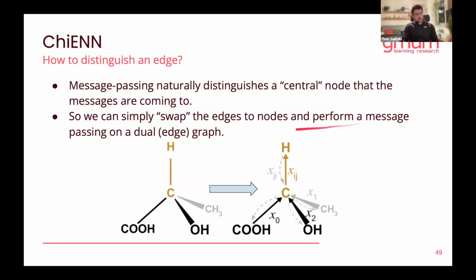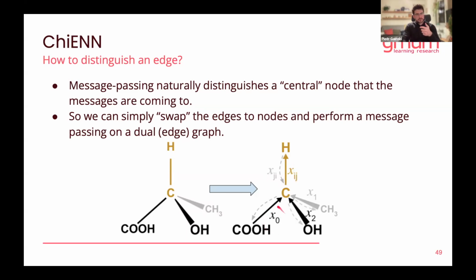So what we do, from this graph we build a directed graph where each bond makes up two directed edges, and now we treat that gold edge as the central edge.